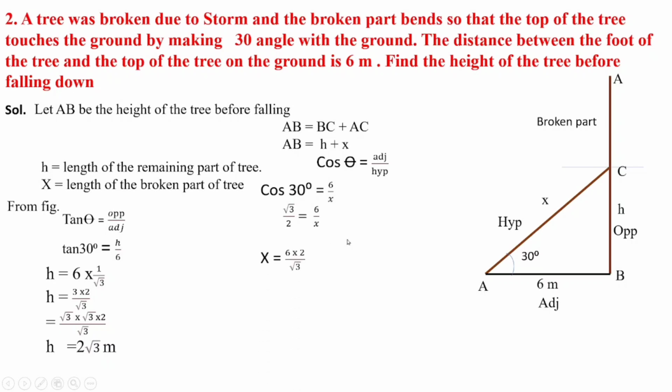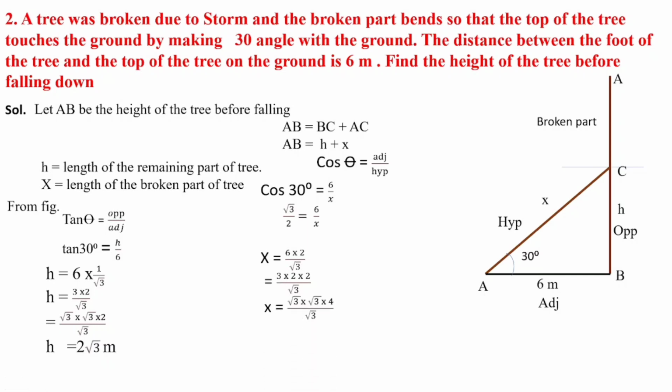If I cross multiply, what do I get? The 6 in the numerator and the root 3 in the denominator, and this 2 in the numerator. So X is 2 times 6 over root 3, which is 12 by root 3. Again I can write 12 as 3 into 4, and 3 as root 3 into root 3.